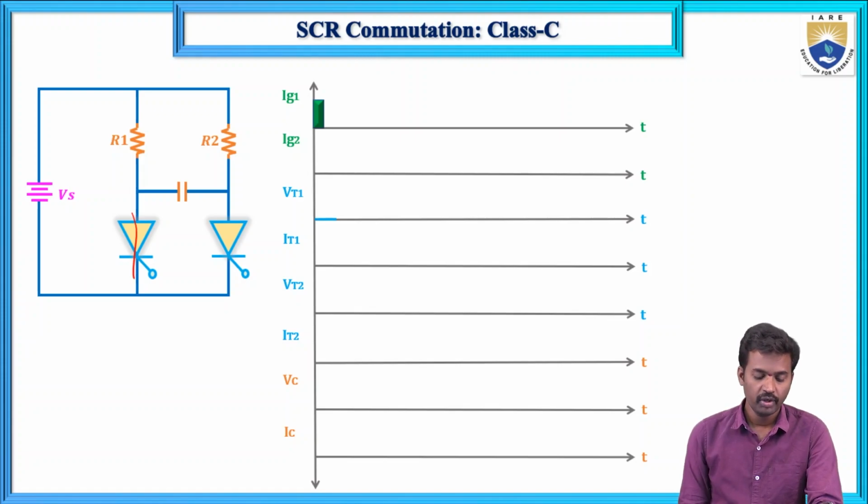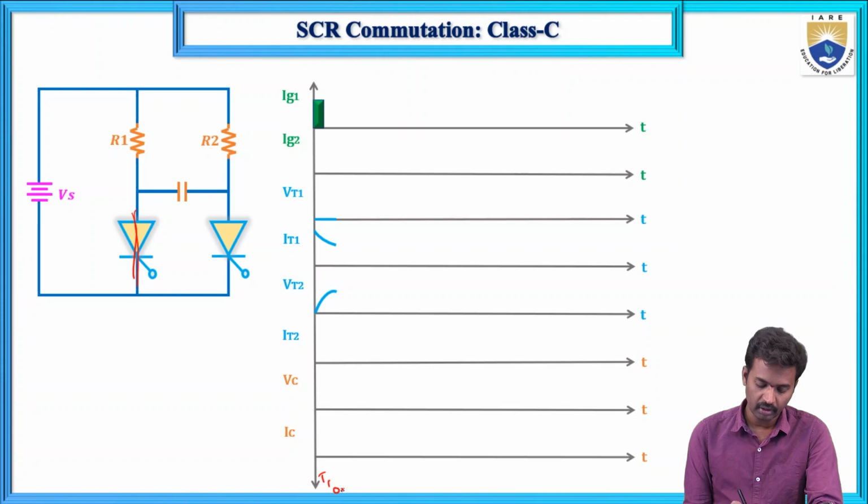Now VT1 value is short circuit, which means this value is 0, and next it starts from a value and decreases exponentially.